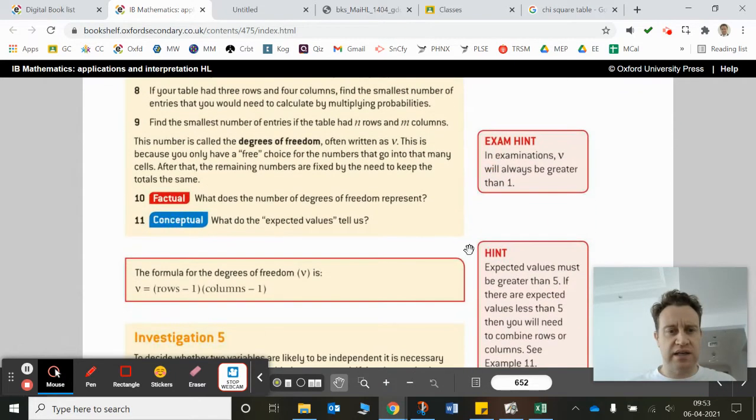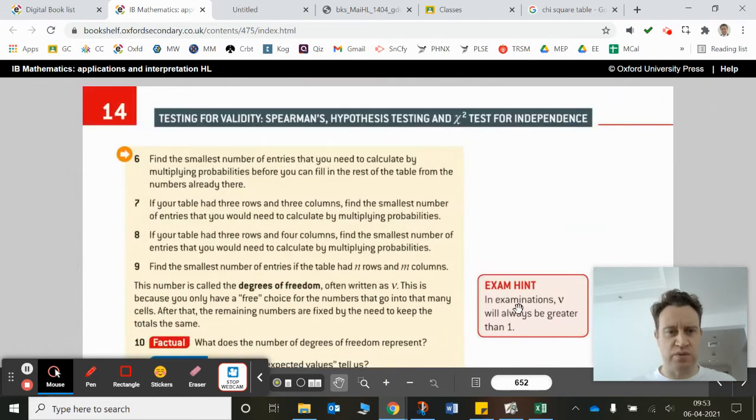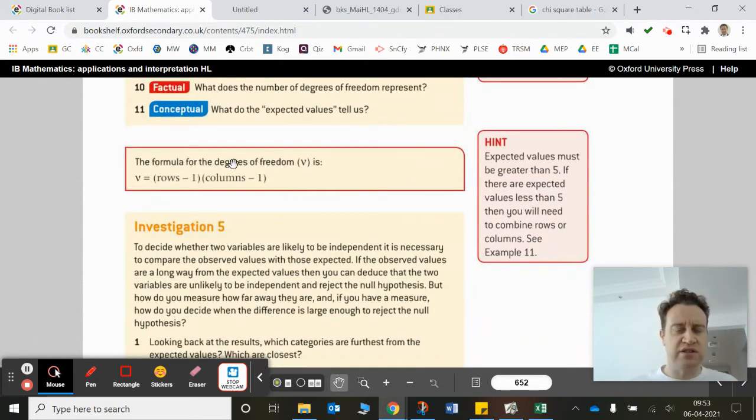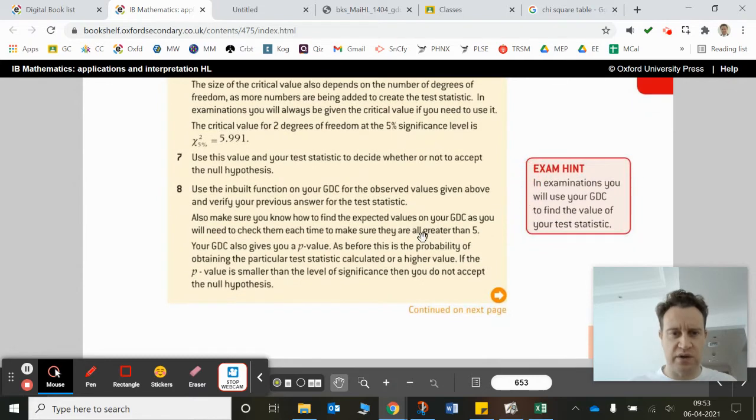There are another couple of really important things here as well. What you do need to be aware of is the degrees of freedom. We'll talk about those as we go through the problem. Essentially, it's the number of rows take away 1 times the number of columns take away 1. You also need to be aware that all of the values in your table should be greater than 5.